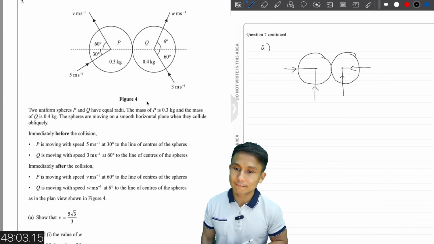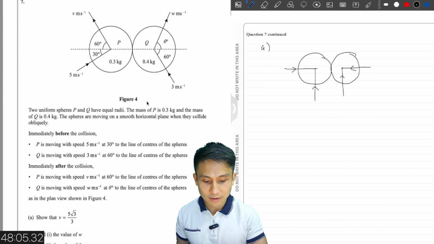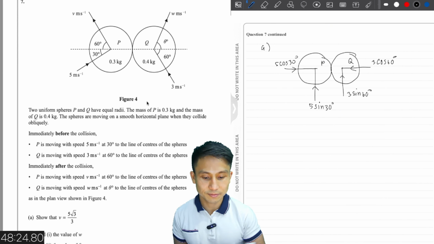Okay. So before collision, this will be 5 sine 30. And this will be 5 cos 30, yeah? For P and for Q, this will be 3 sine 60. This will be 3 cos 60, right?